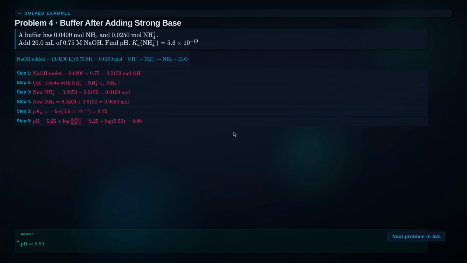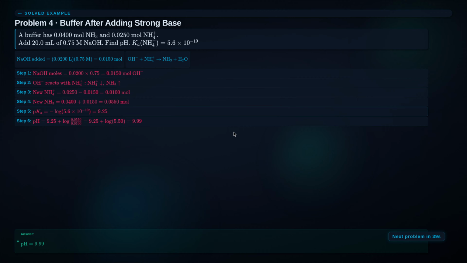New NH3 equals 0.0400 plus 0.0150, which is 0.0550 moles. pKa equals negative log of 5.6 times 10 to the negative 10, which is 9.25.